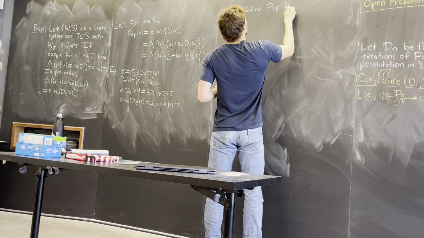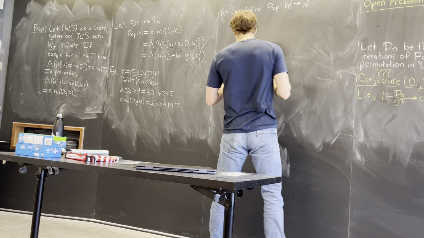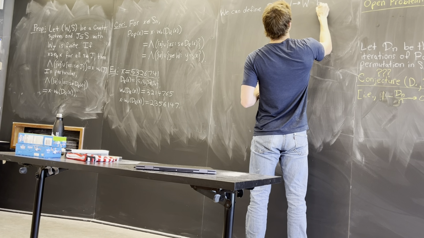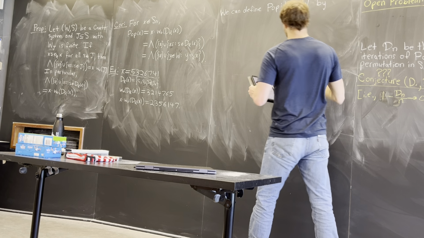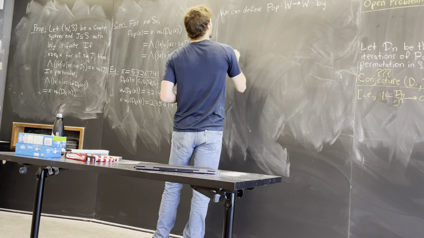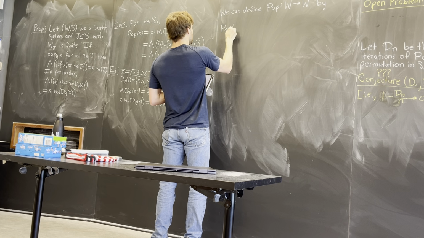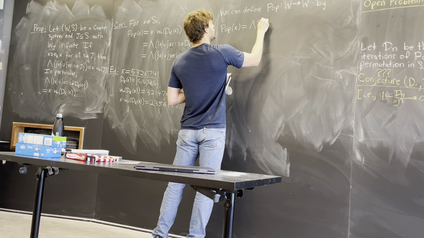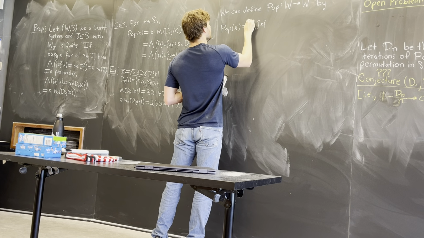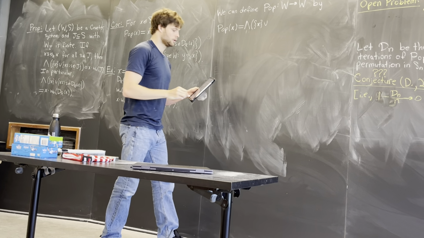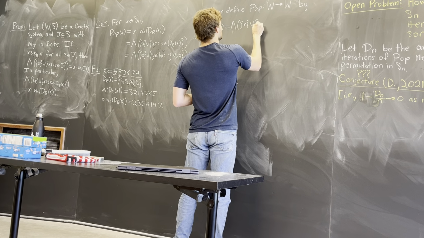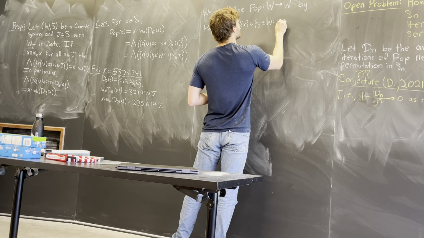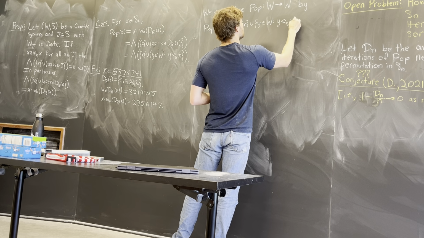But now it's just from any Coxeter group W to W by pop of X is just the meet in the right weak order of X union the set of Y in W such that Y is covered by X. So it's the same thing.